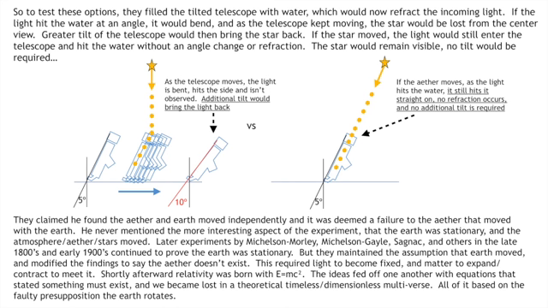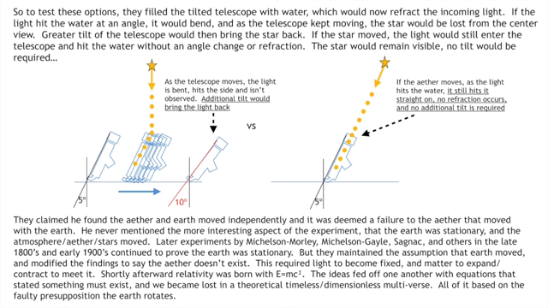prove that the Earth was stationary with various different experiments, but they maintained the assumption that the Earth moved, and they modified their findings to say that the ether must not exist. And this required light to become fixed and matter to expand and contract to meet it. And shortly afterward, relativity was born after a Lorentz contraction with an E equals mc squared equation that everyone is so fond of.